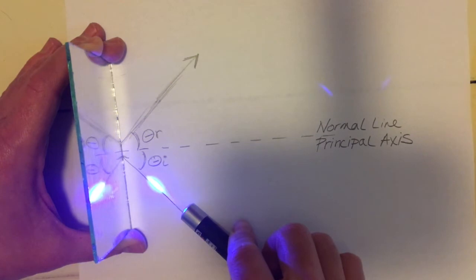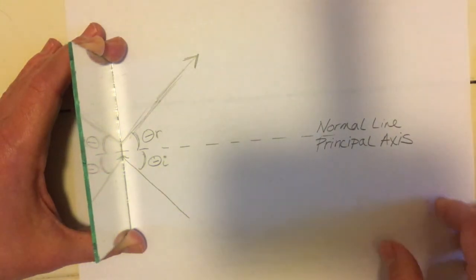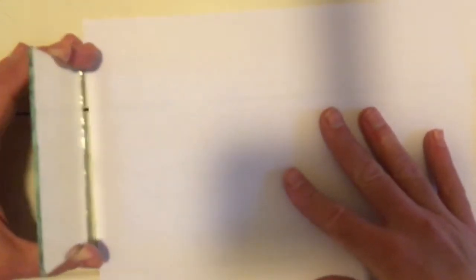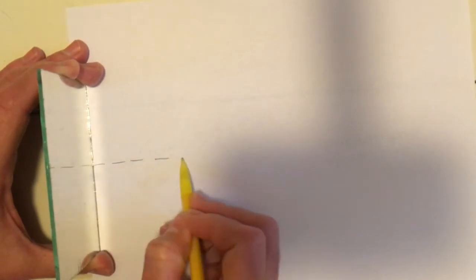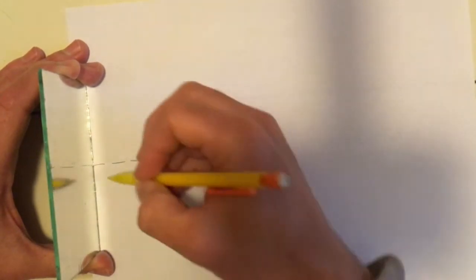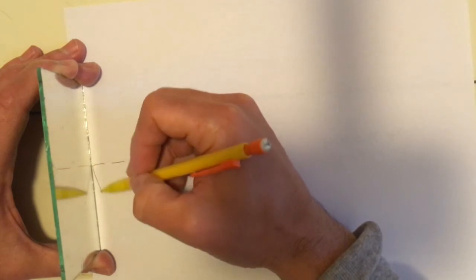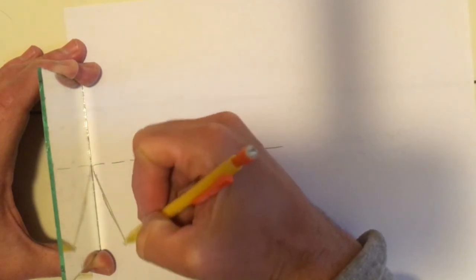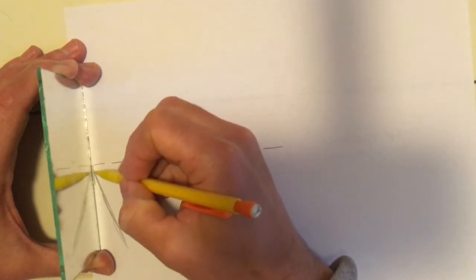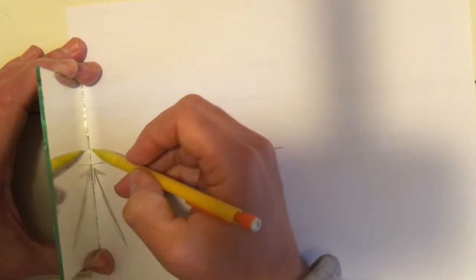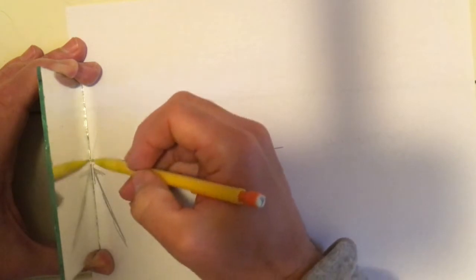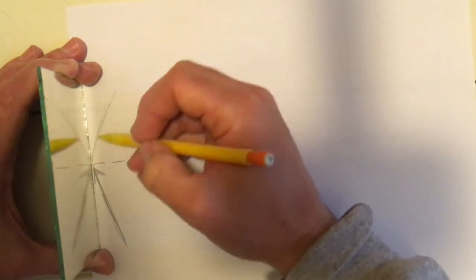And you might say, well, that's because you picked 45, right? All right, let's try it with a more extreme angle. Let's do it one more time. This time I'll draw my principal axis like this, and then I'll pick a more extreme angle, maybe something like this, a much larger incident angle, and then try to draw the reflected line.